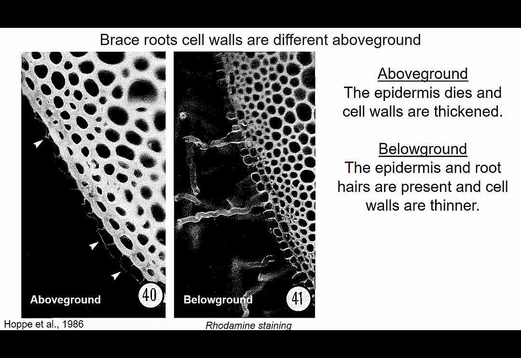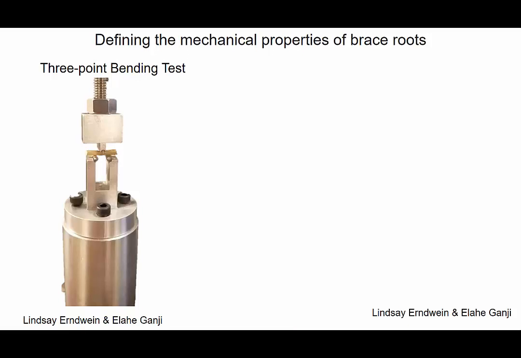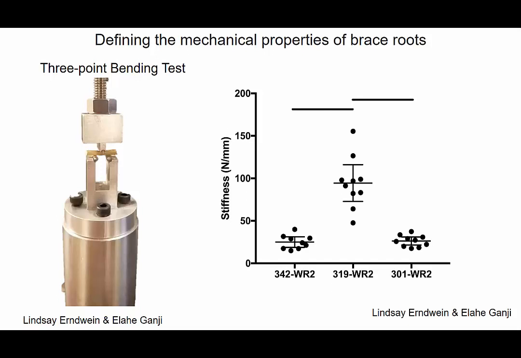And so we wanted to understand how the thickness of the cell wall relates to the mechanical properties of the root itself. So we're also doing mechanical testing, not just in the field with these flex tests, but we can now take brace roots and do mechanical testing as if they were any material, and we can look at how their strength changes. And we're already seeing differences between genotypes.